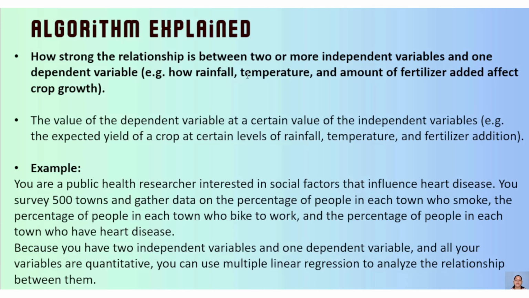The researcher surveys 500 towns and gathers data on the percentage of people in each town who smoke, who take a bike to work, and how many people have heart disease. So they collected all this data.